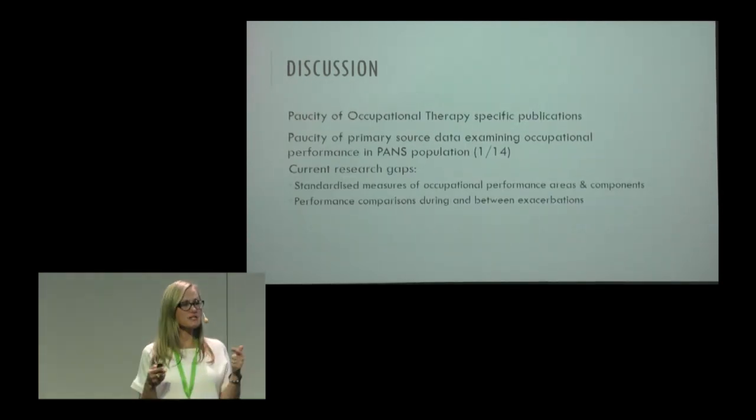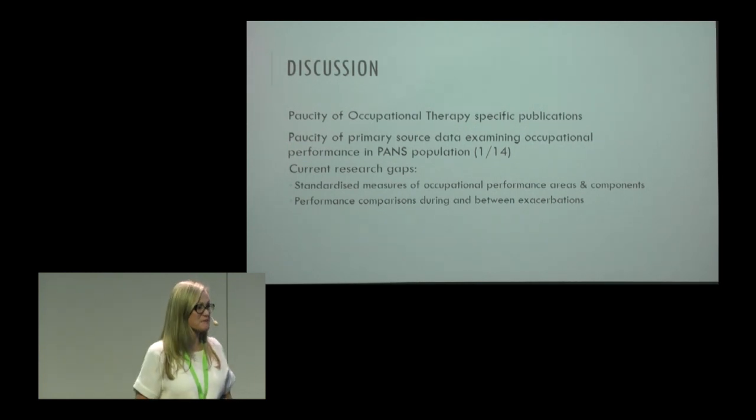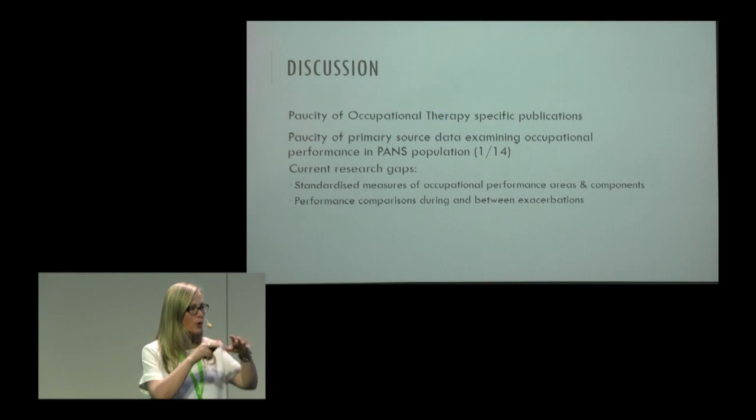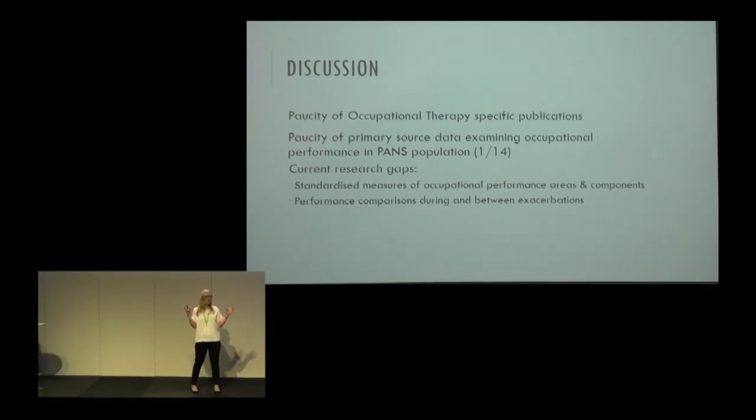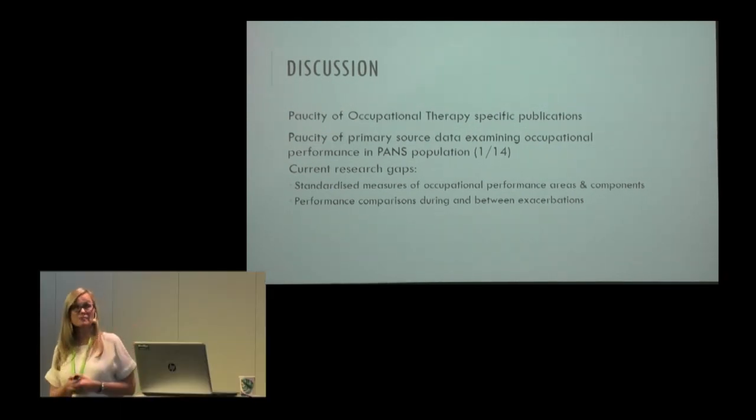What we know is that there's a paucity of occupational therapy specific publications. So occupational therapists, we work across all of those areas, but we're not researching or examining this specific population of children. And there are some research gaps. We've identified that we need more standardised measures of occupational performance areas and components.